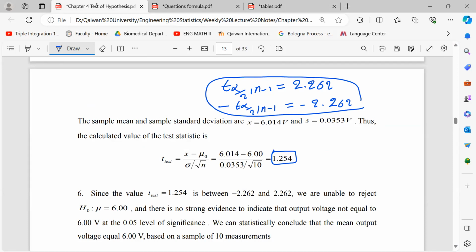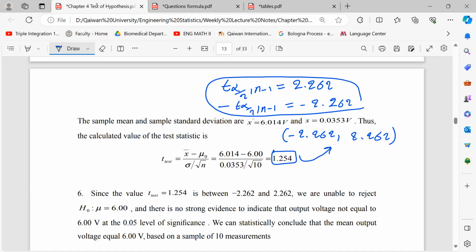In this case, let's write down the interval. The interval is minus 2.262 to 2.262. Is this value in that interval? Yes, it's in that interval, because it's 1.254. It's between these two values.